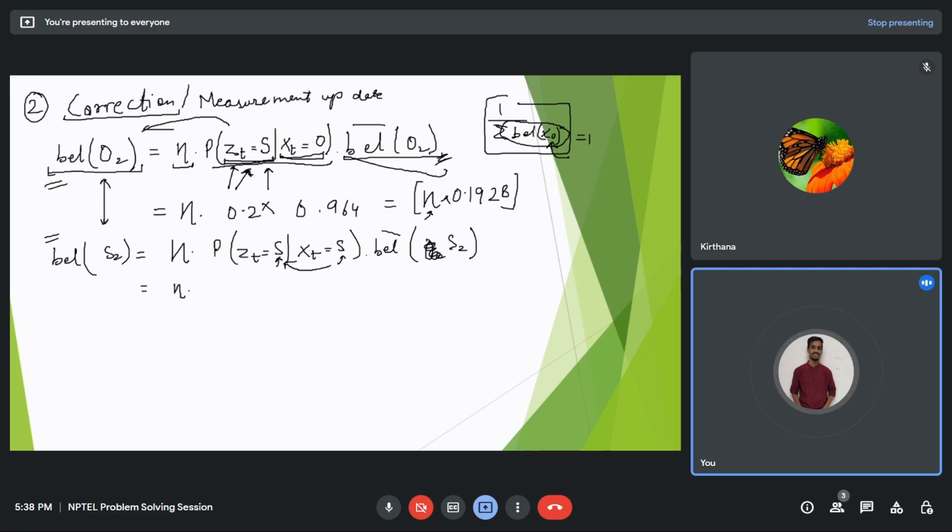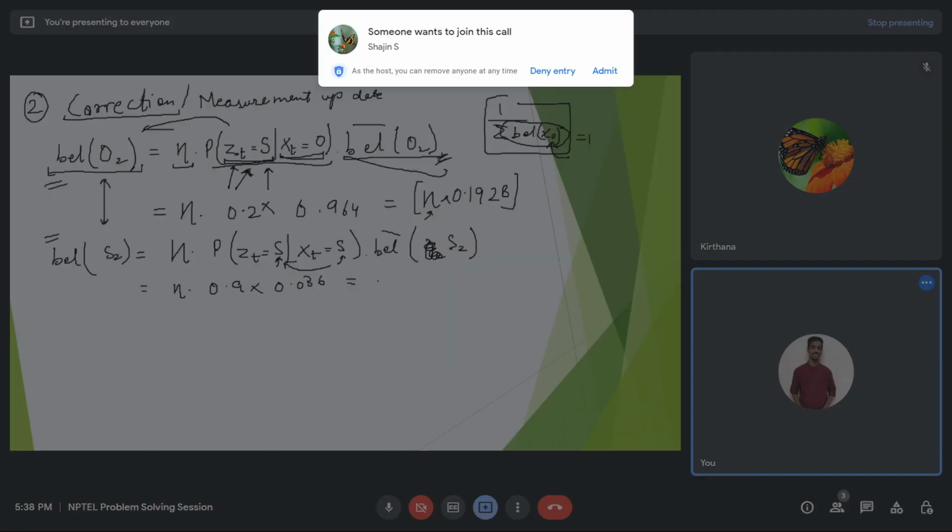So it is eta times 0.9 times your predicted belief that the door has to be shut if your robot tried to open it, and this comes out to be 0.0324.